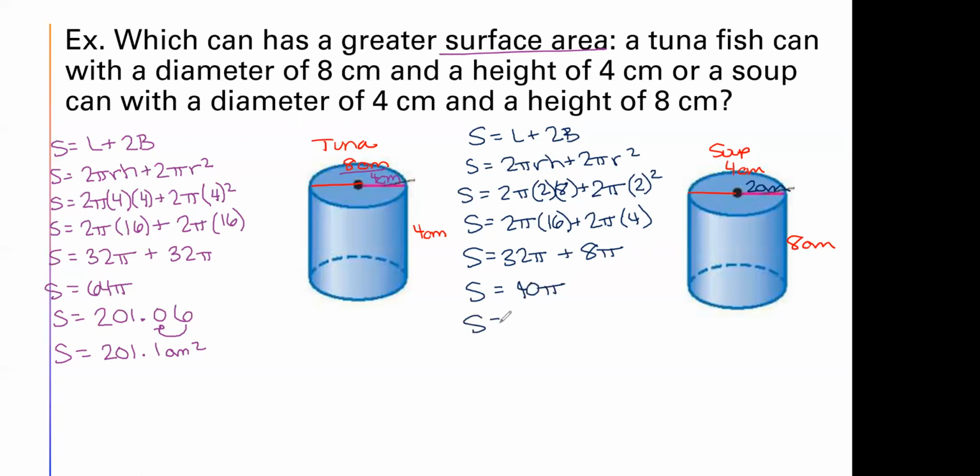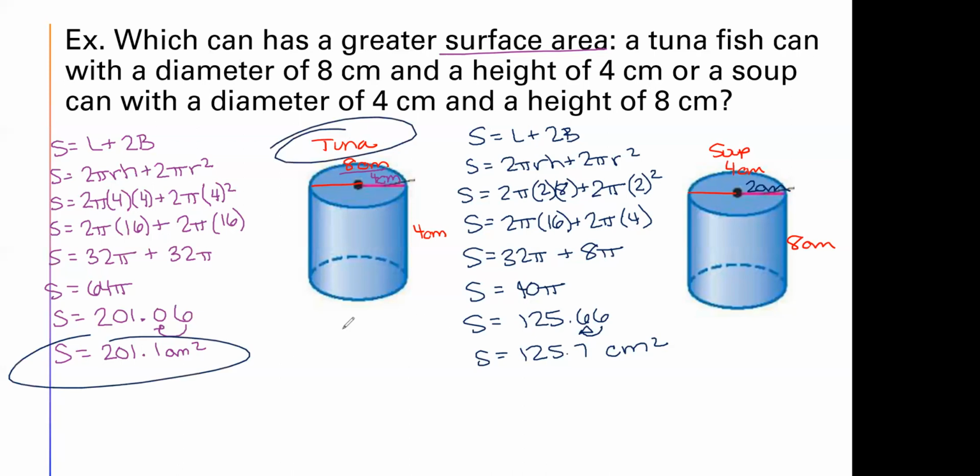And then when we punch that into a calculator, we get 125.66. And we would round to the nearest tenth, 125.7 centimeters squared. So the question was, which has the greater surface area? So obviously the tuna can has the greater surface area.